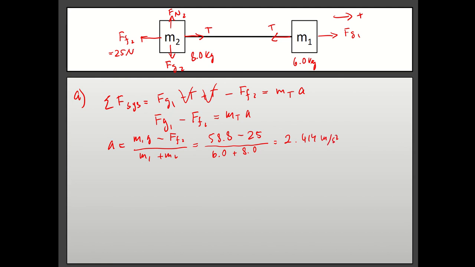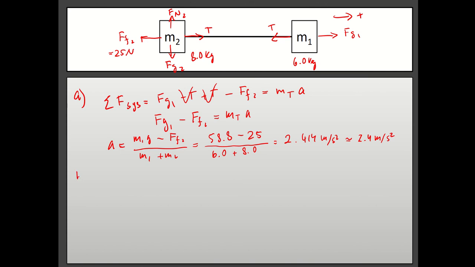But we're going to end up with, let's see, 3 sig figs on the bottom, 2 sig figs on the top. So we had to round to 2 sig figs. So this is going to be 2.4. Okay, so again, I'm going to use this number in the calculations for the tension, but if you were just looking for the acceleration, that would be 2.4.